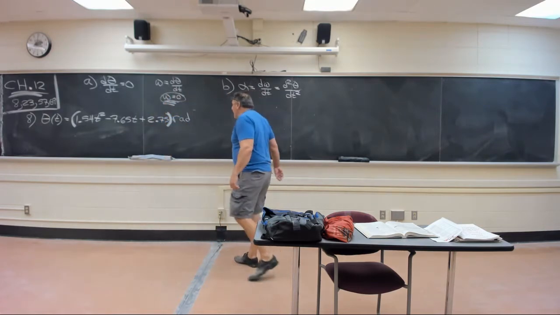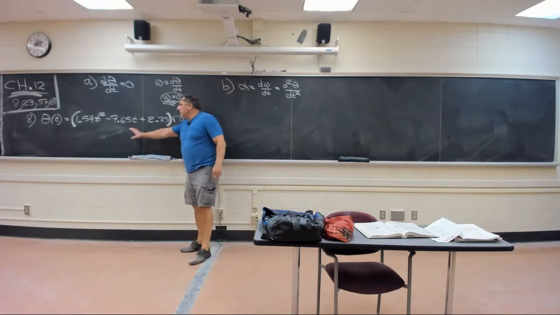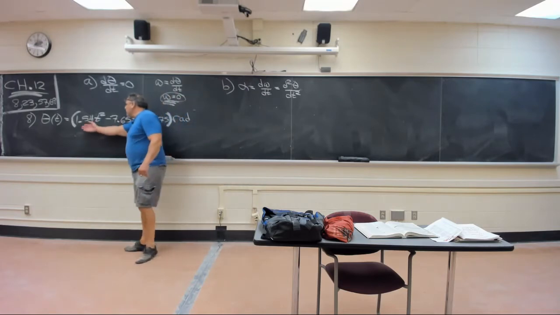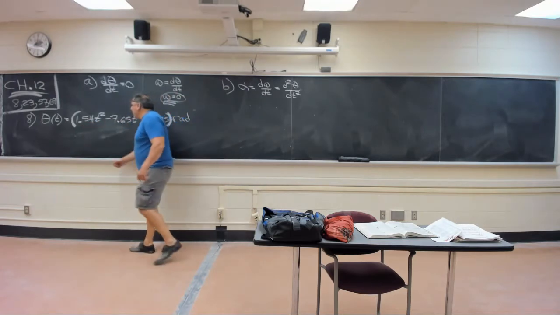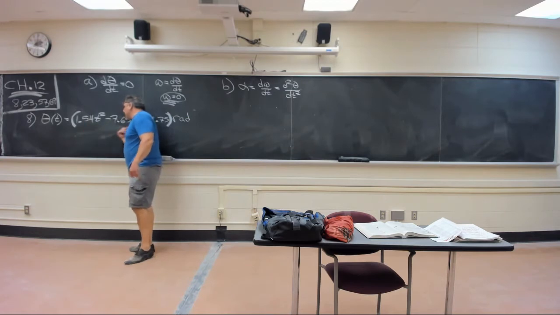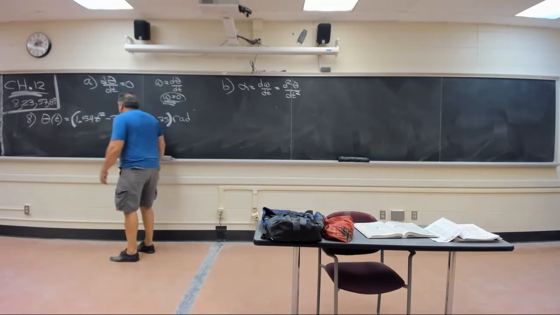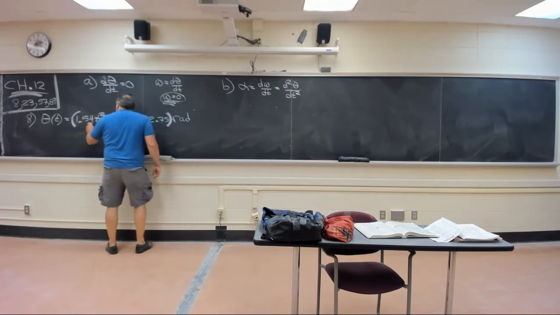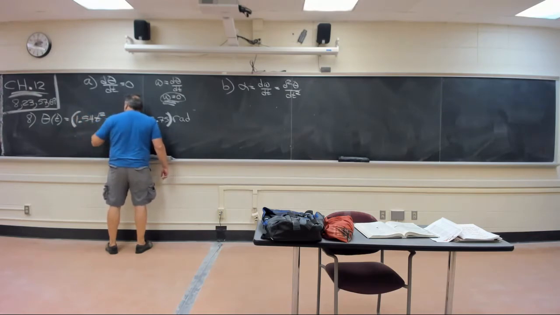Well, if you take the first derivative of theta and then set it equal to 0, you're done. The first derivative of this quantity we'll do by the sum rule. Minus 7.65 t is the same as plus a negative 7.65 t. Take the derivative here, the 2 comes out in front, multiplies with the 1.54, and you just got t.